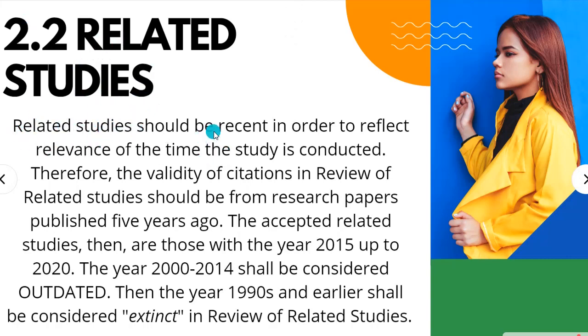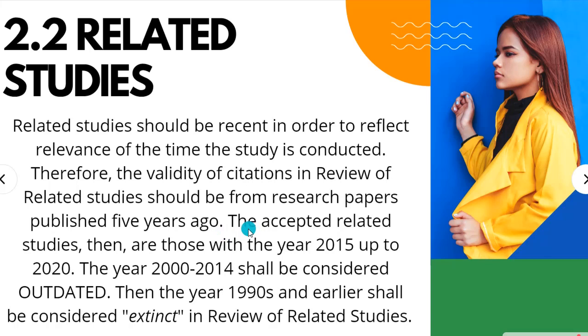Related studies should be recent, in order to reflect the relevance of the time the study is conducted. Therefore, the validity of citations in a review of related studies should be from research papers published at least 5 years ago.